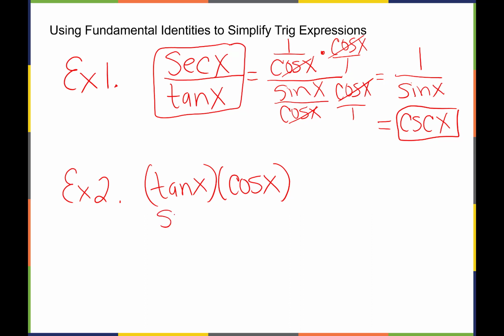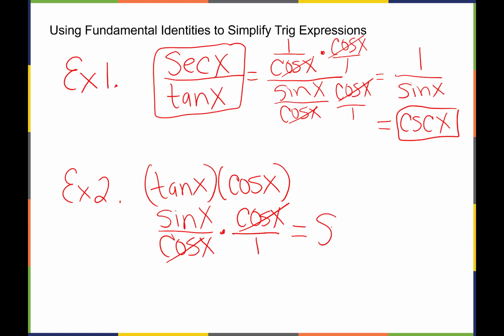Tangent I can write as sine x over cosine x. And cosine x, I'm just going to put a 1 under it so my fractions line up. Now I can simplify this. I can cross off my cosines, and I'm left with sine x. So tangent x times cosine x is equal to sine x.